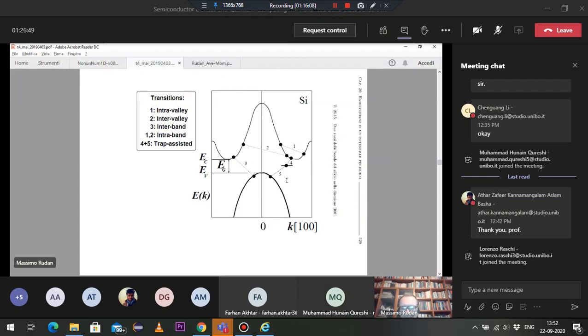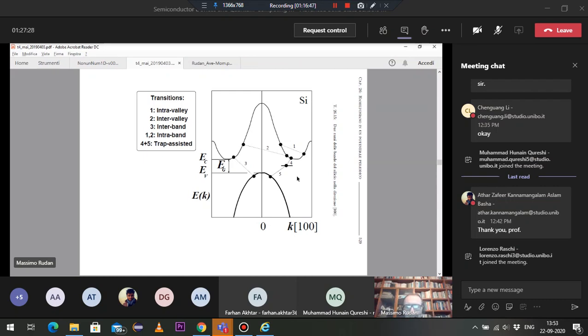If there is an impurity or any type of defect in the crystal, it may happen that there are extra energy states whose energy value is inside the gap. The short horizontal line here indicates symbolically the presence of an extra energy state whose energy is inside the forbidden gap.